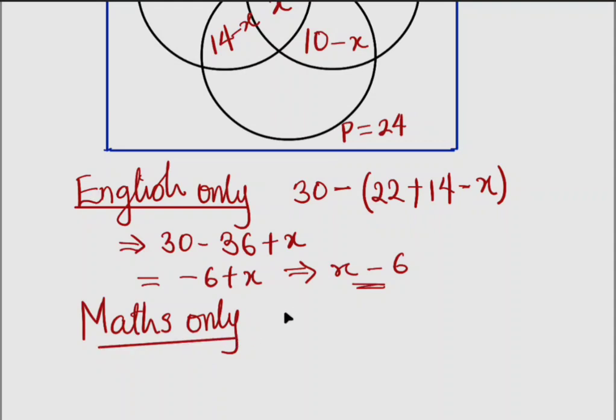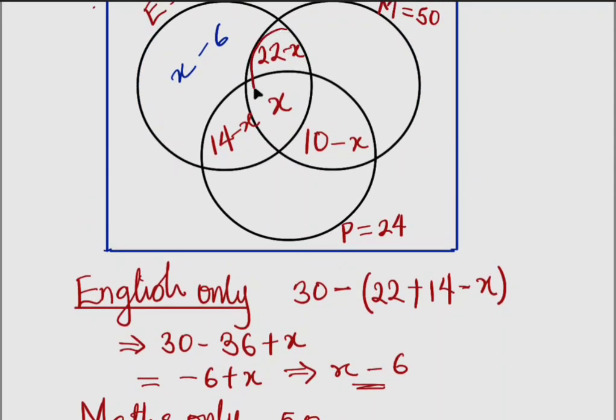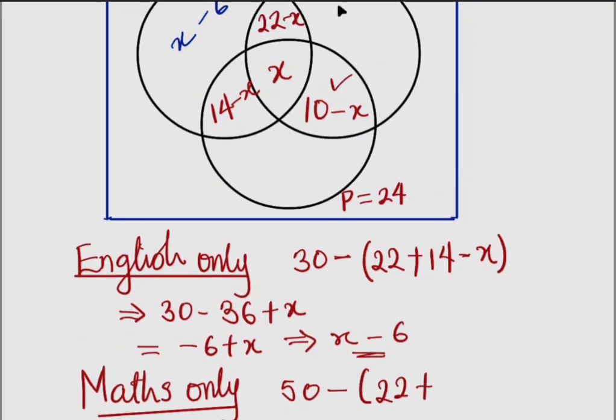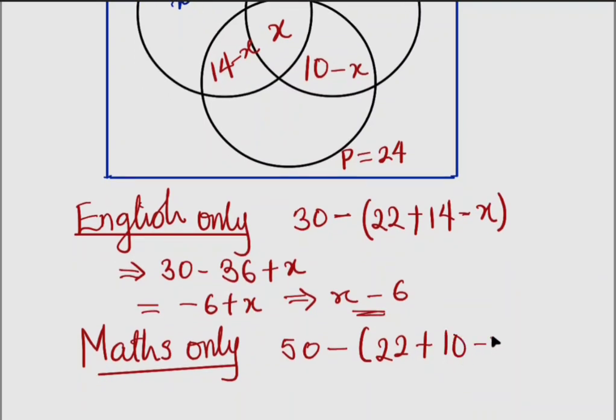It means we shall have 50 minus, if we sum 20 minus 22 minus x plus x, that gives us ordinary 22, right? So we have 22 plus this 10 minus x.